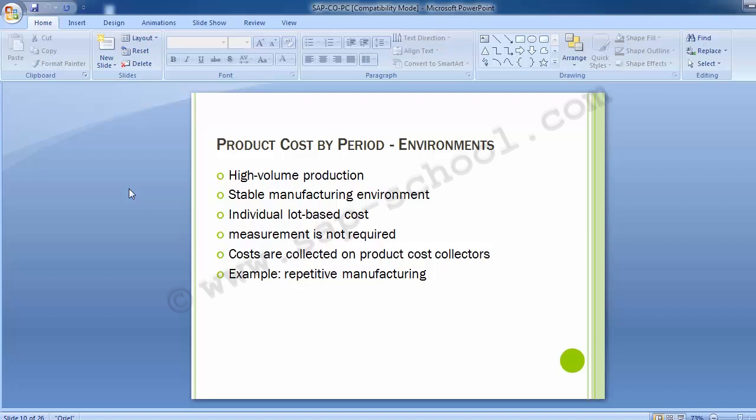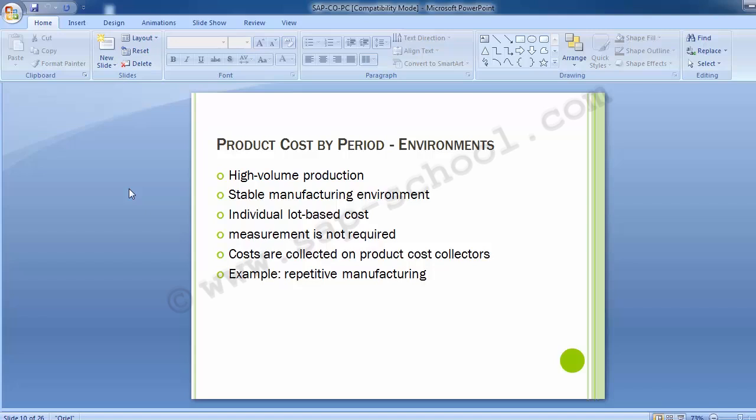In order related production or process manufacturing, when you are not interested in analyzing the cost of orders, we don't record the cost on the manufacturing order. Instead, we create a product cost collector and record the cost on that.